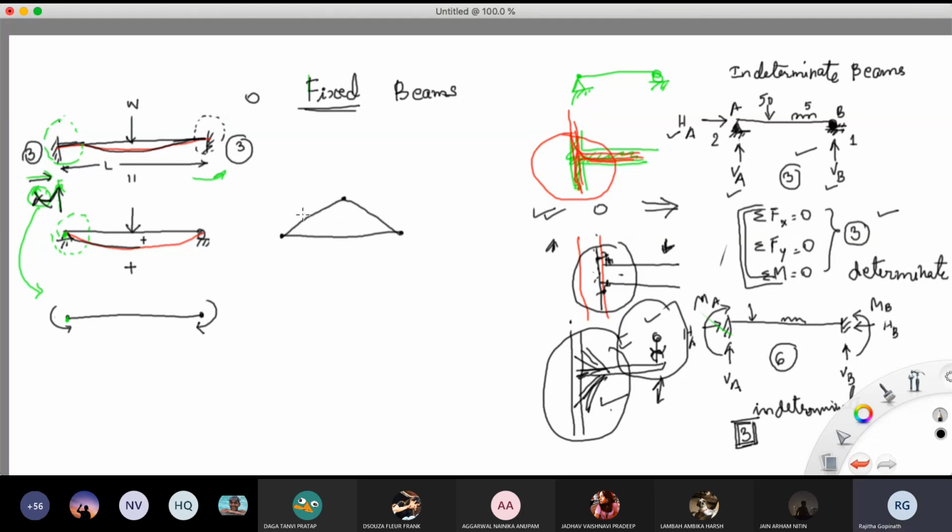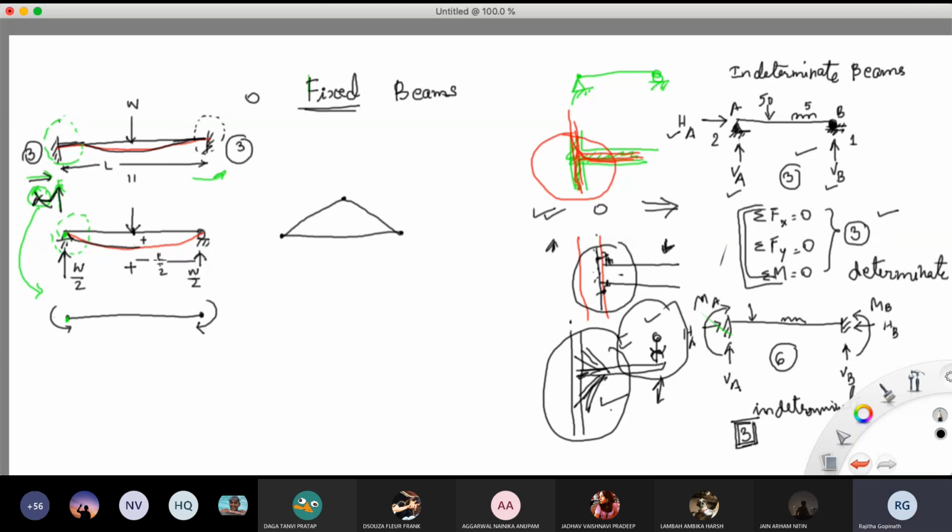Okay, so when you resolve these things, what you will find is that both the reactions happen to be W by 2, right? It is equidistant. The total is W, so this is going to be W by 2. If this is at the center point, then at the center point, what will be the moment? Moment is going to be this reaction into this length, right? This length is L by 2.